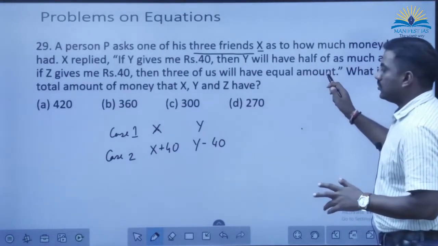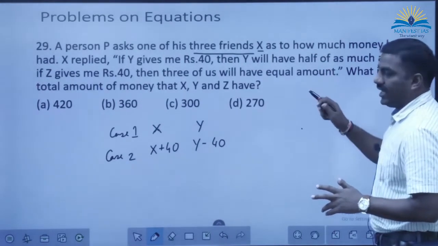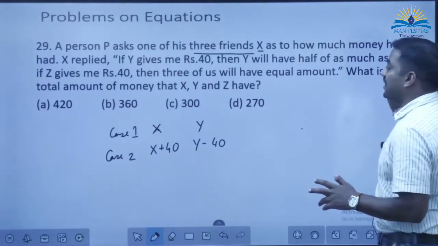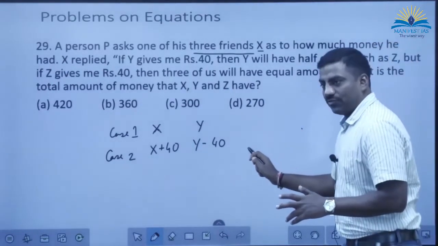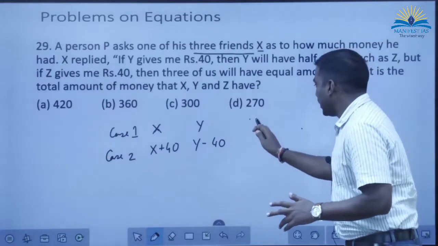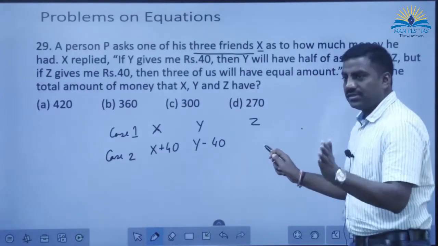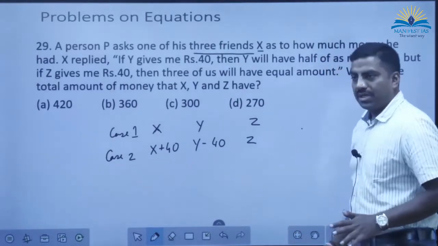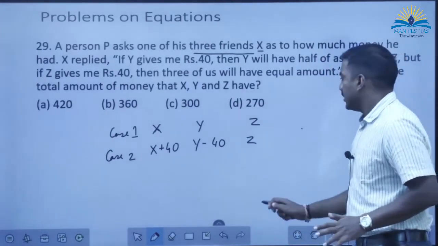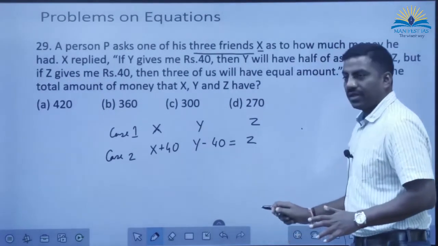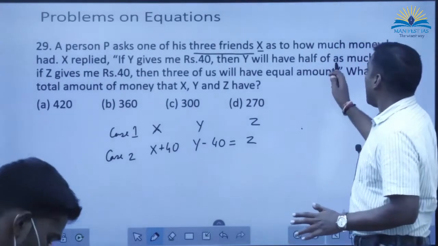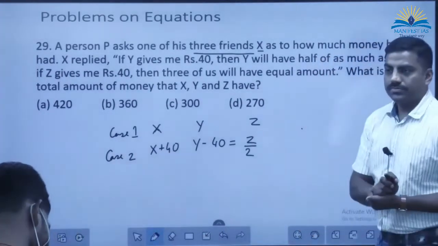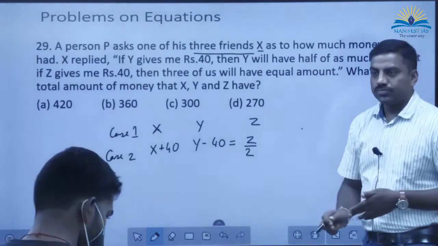If Y gives me 40, then Y will have half as much as Z. Like earlier Z had something, Z is not doing any kind of transaction, Z will remain Z. But it is telling that Y minus 40 is equal to half as much as Z. Understood? This is case 2.